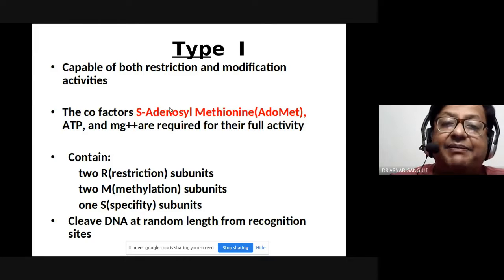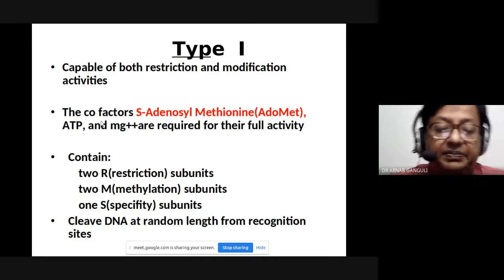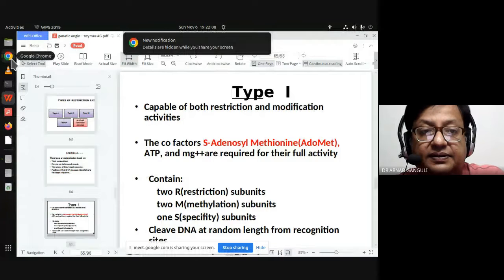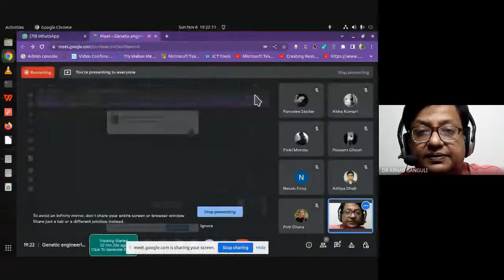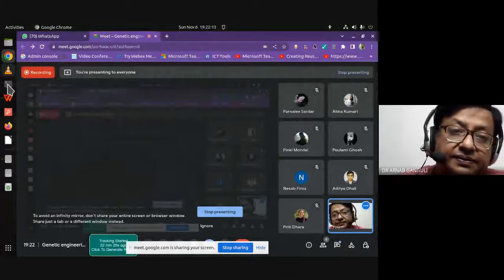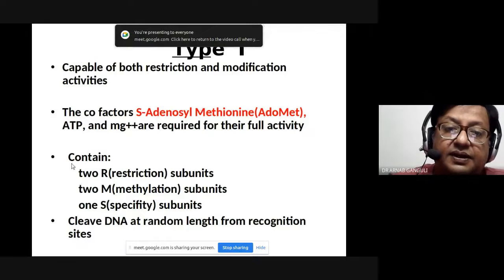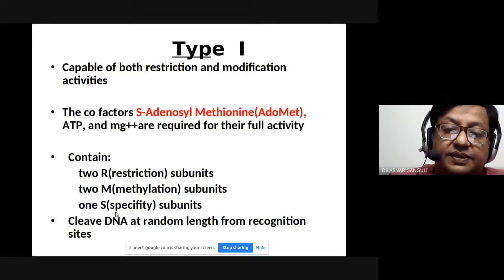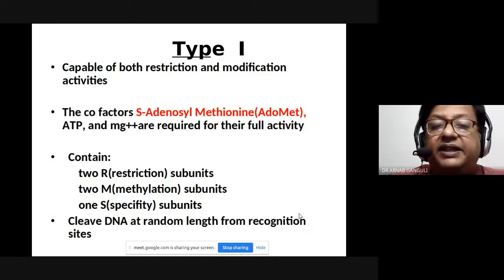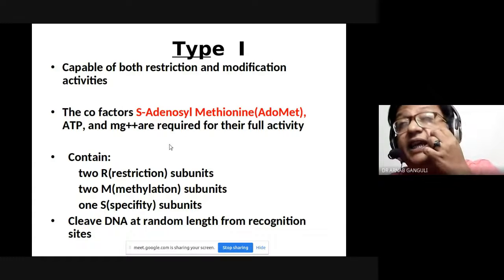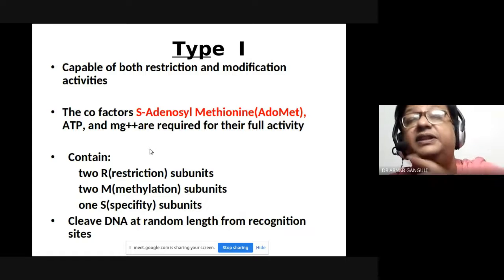They need SAM, S-adenosyl methionine, and ATP. They cleave DNA at a random length from the recognition site. They don't have a specific site inside, unlike GAATTC, where it will always cut after the G.